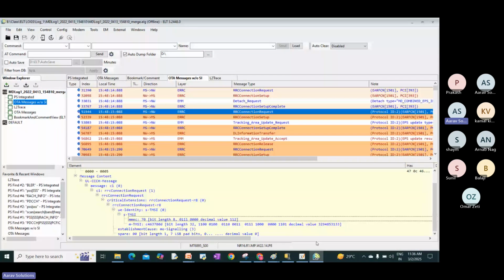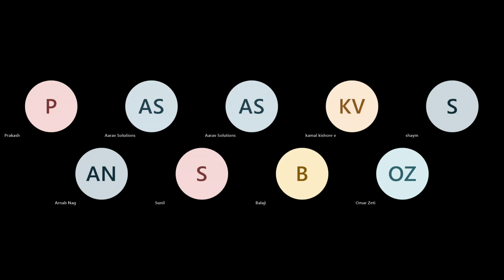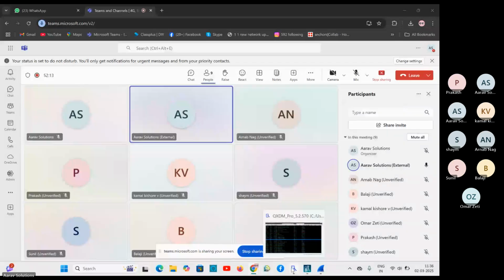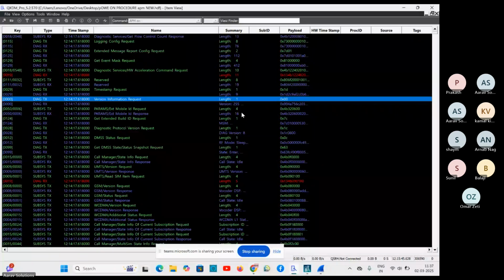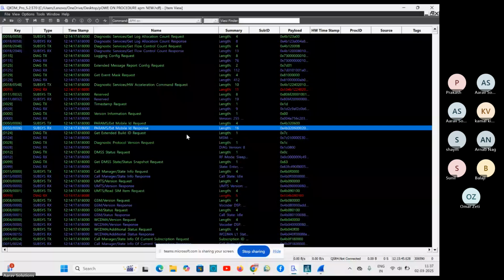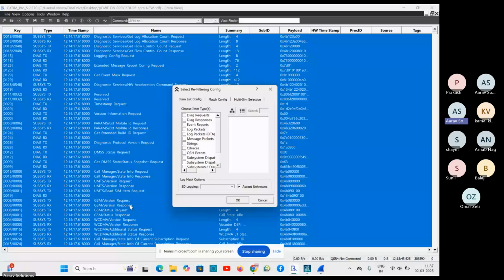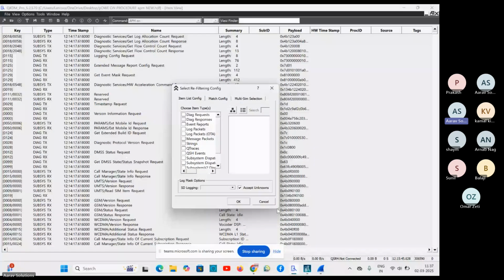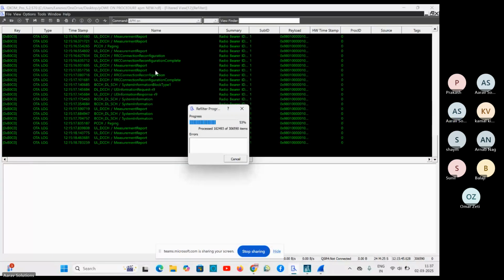So this is one tool, ELT. Similarly, we have another tool, this is QXDM, which is a Qualcomm tool.